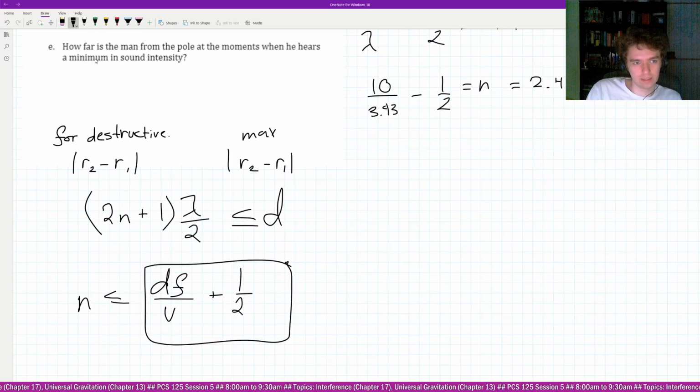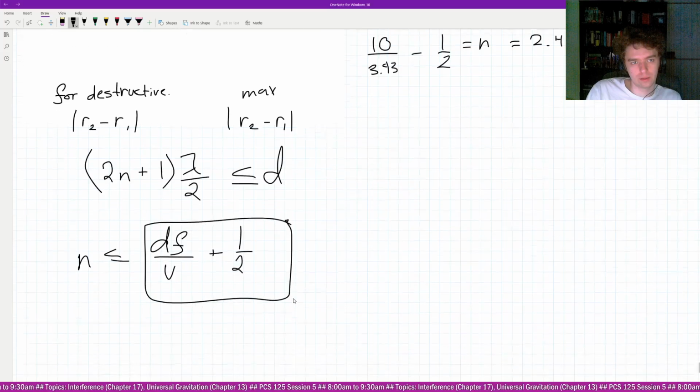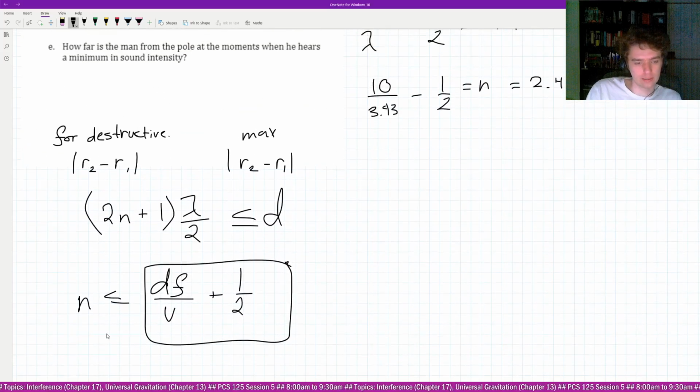Let's try part E. Every integer, because we know d, f, and v, and a half is a constant. Every integer below whatever that number is is how many times you hear a destructive interference.